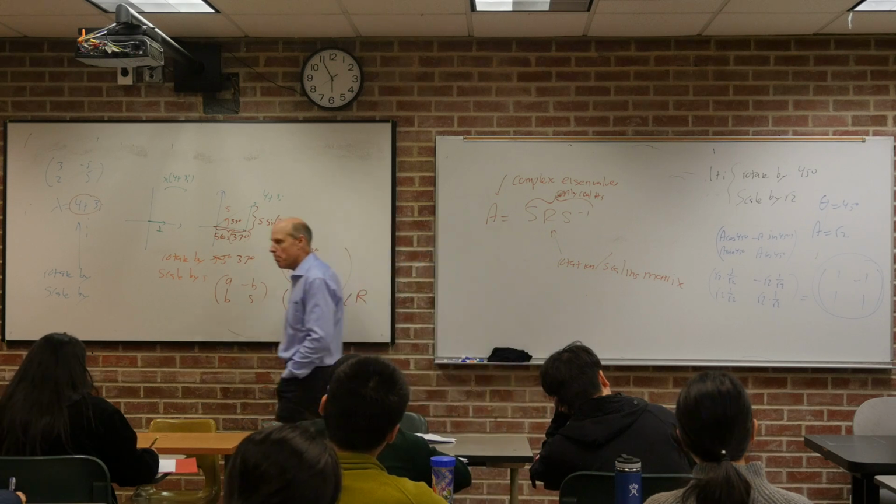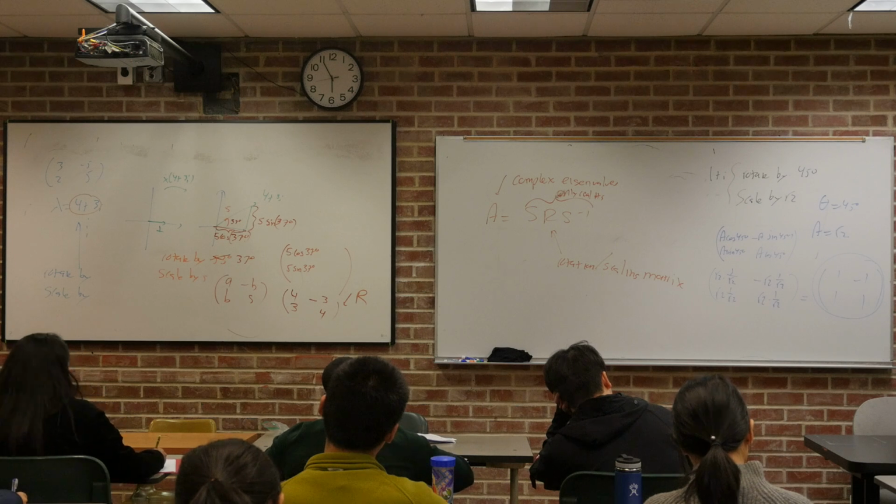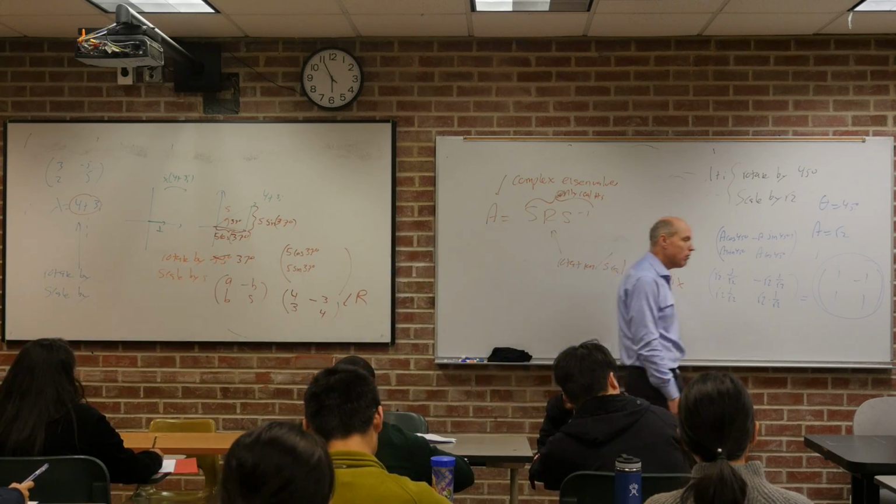One of the pieces of the puzzle is, since A started with only real numbers, we want to come up with a basis so the middle matrix is nice.